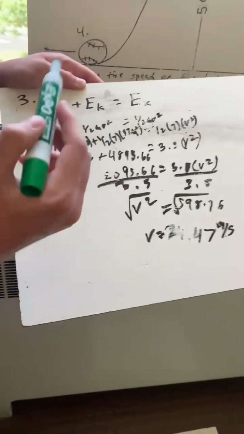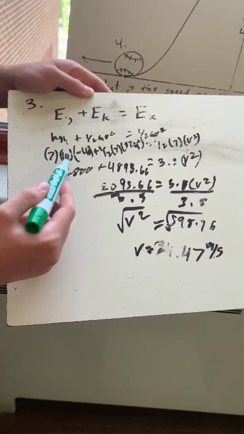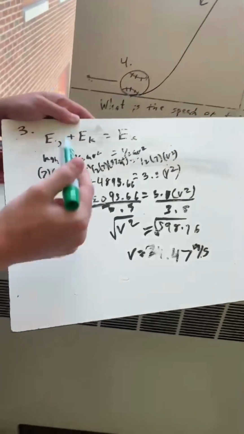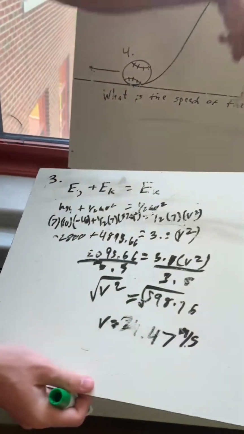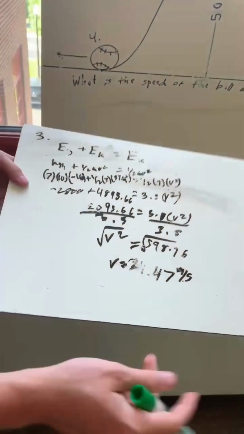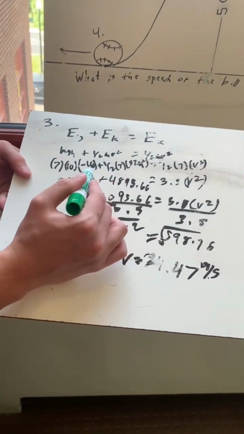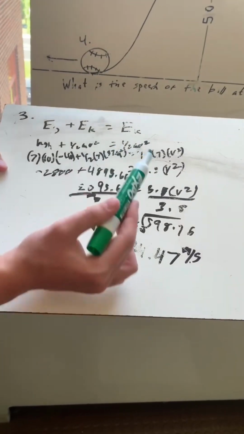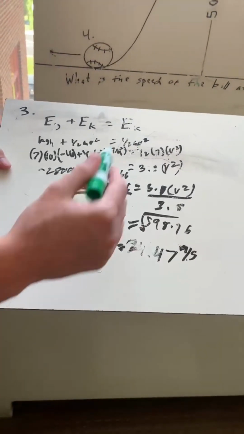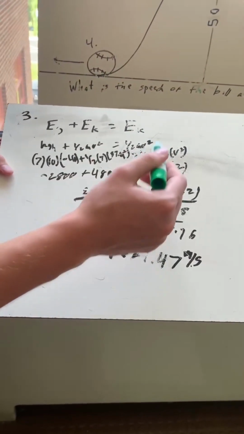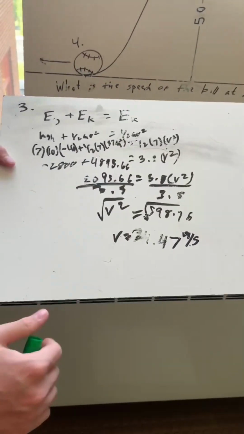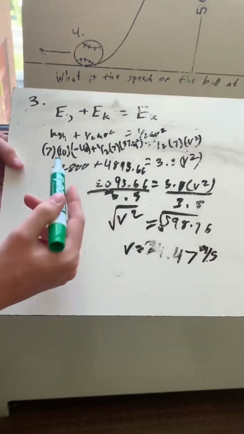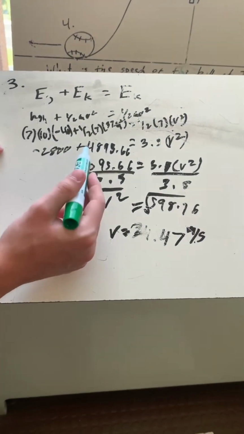Put in numbers: mass 7, force of gravity 10, height we subtracted, it's -40, as down is positive in this equation. We subbed in 1/2, 7, 37.4, that answer from earlier, squared, equals 1/2, 7, v squared, and this is the v that we need to find for this one.